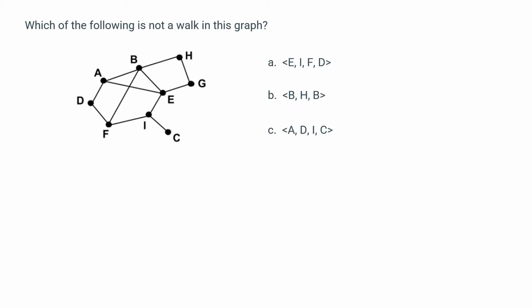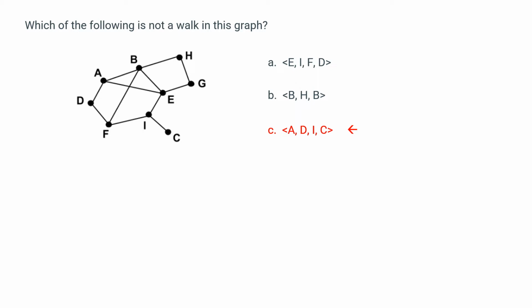Let's take a look at the same graph and see if we can find which of these, A, B, or C, is not a walk. So I'd look at E, I, F, D. Can I go from E to I to F to D? Yeah, I could draw over the edges to see, and I could go from E to I, I to F, F to D. There are edges there, so yes, that would work.